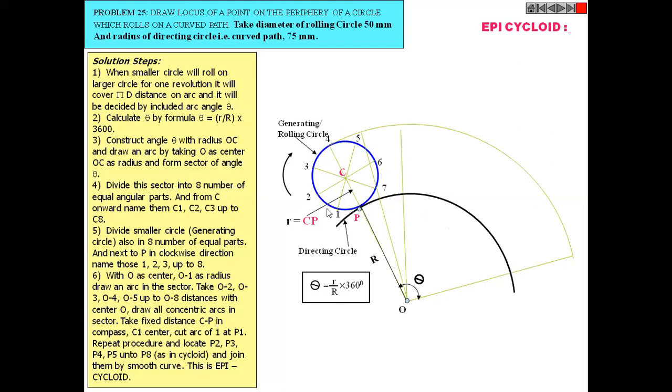Here we have divided this circle into 8 equal parts. So you have to divide this line into 8 equal parts by measurement. Then draw the radius vector from all the divisions.